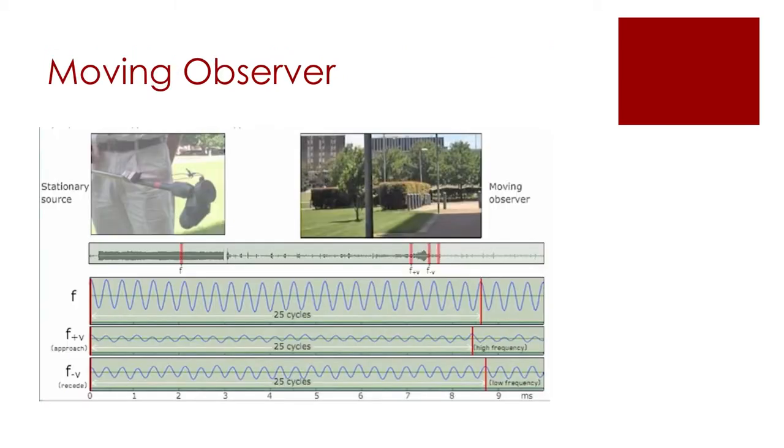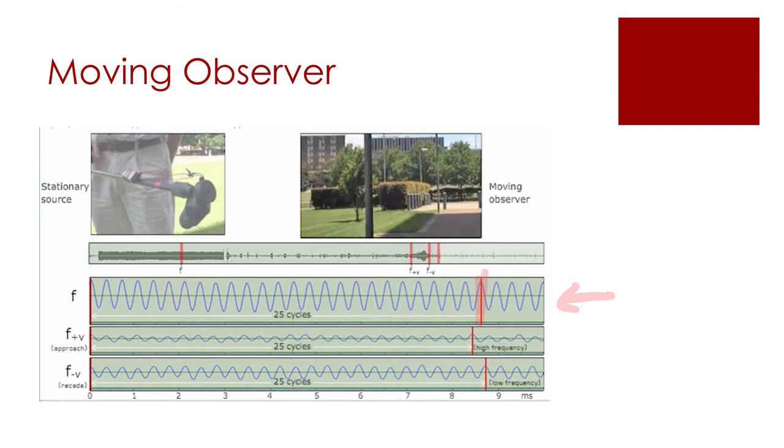Here we can see that we actually have some data. They've taken the sound and put it into something like Audacity or a similar kind of program. In this first diagram, we can see how long it took for 25 cycles to be created, and they've created this line right here to stand out. In the second line, they have the data for the bicycle approaching the sound, and now you can see that they've marked off 25 cycles as well, and it takes less time.